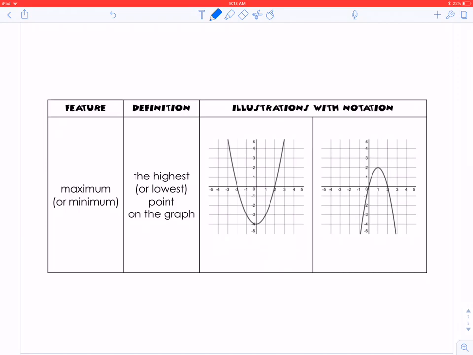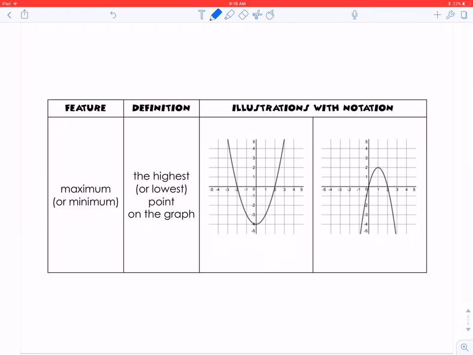But that graph is a normal width and it opens up. Whereas your graph that you have in column 4 is a little skinnier than normal, and it opens down. So those two graphs should give us some variety so we can see how our key features differ as our quadratic function transforms.